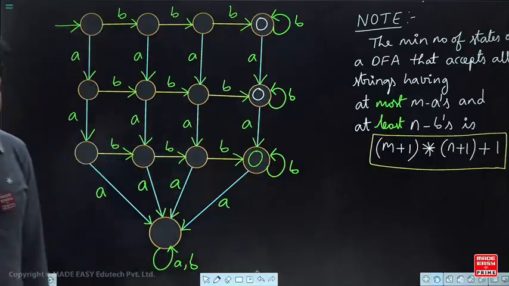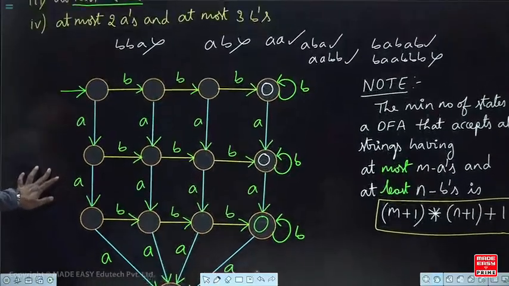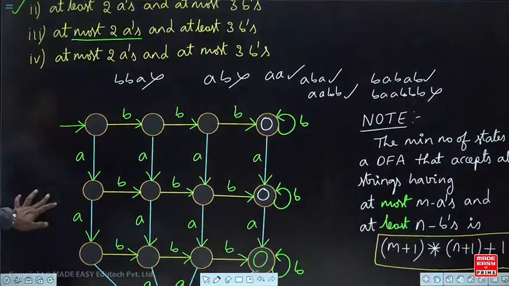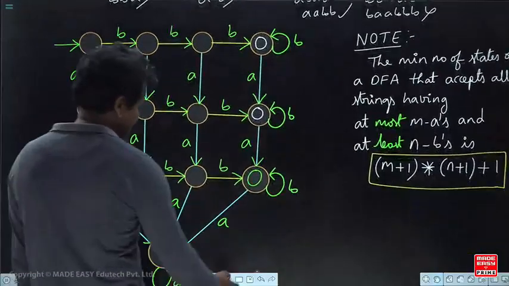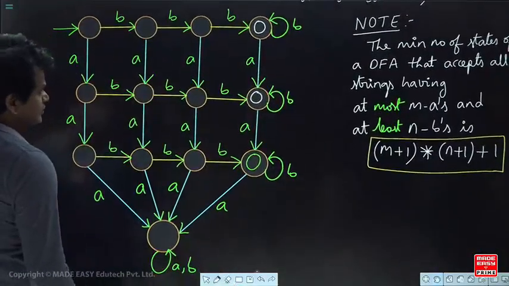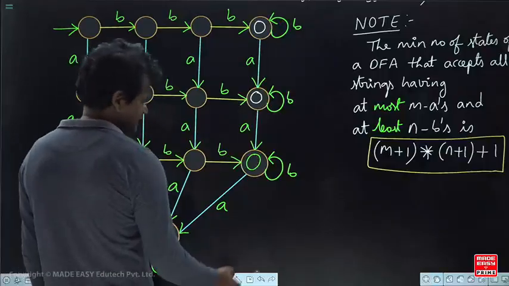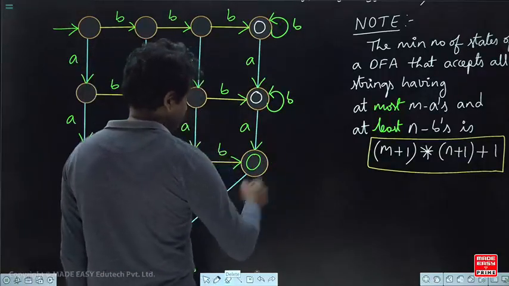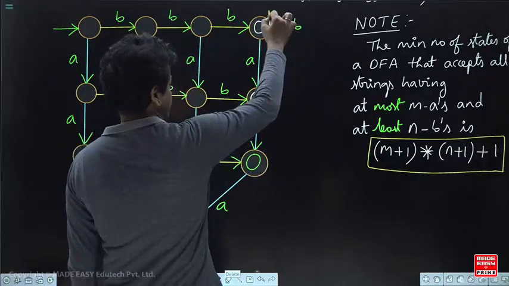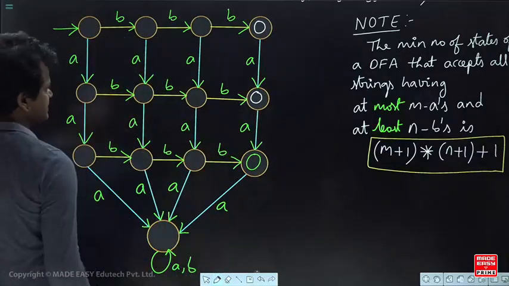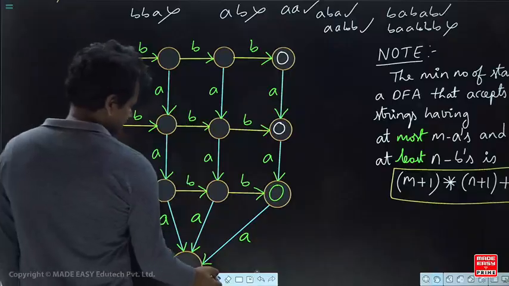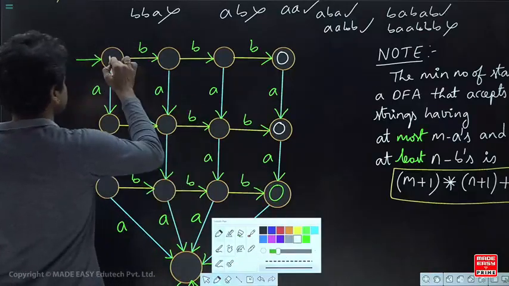Now, both are at most, means at most 2 A's and at most 3 B's. Have you copied this, guys? Make it fast. This I have given as a homework assignment. So both are at most means the minimum string is epsilon, the least string is epsilon.